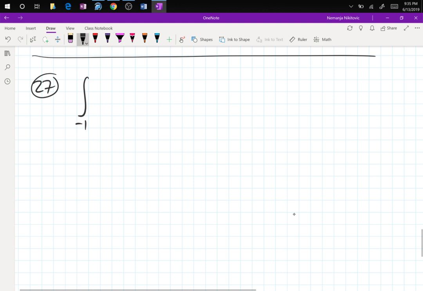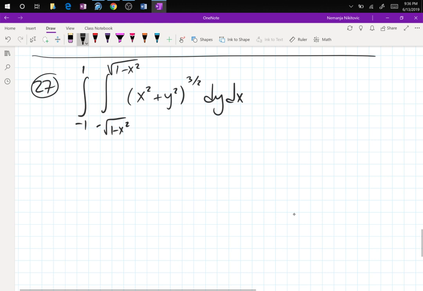They give you -1 to 1, and they give you negative square root of 1 minus x squared to square root of 1 minus x squared, and they give you the formula x squared plus y squared to the 3/2 dy dx. As soon as you see circles in limits, as soon as you see x squared plus y squared, that immediately screams, transform me please into polar coordinates.